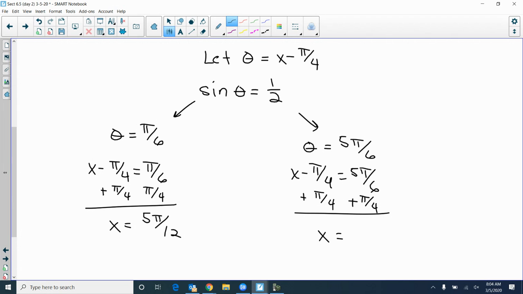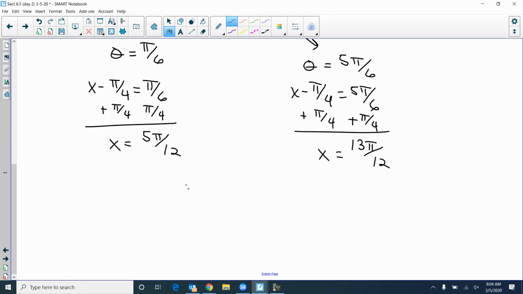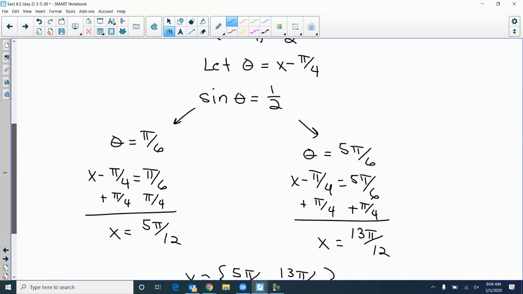What is that? 10 over 12, 3 over 12, 13 pi over 12? All right, so 13 pi over 12. So x equals 5 pi over 12 and 13 pi over 12. Okay.